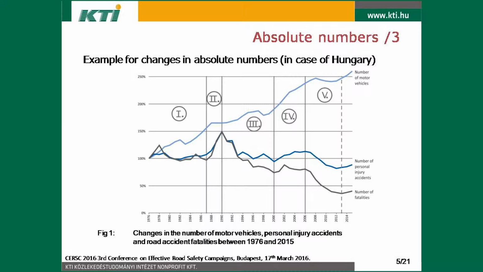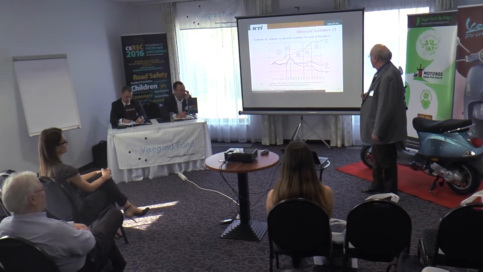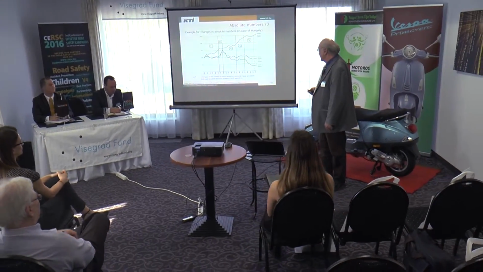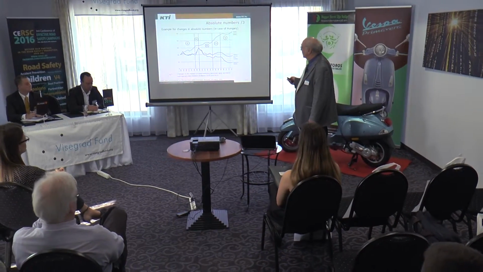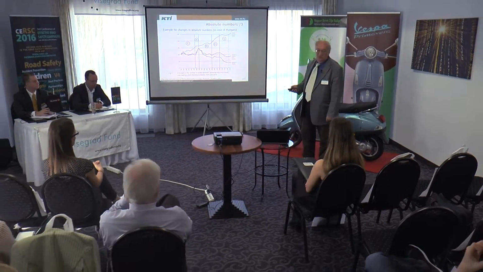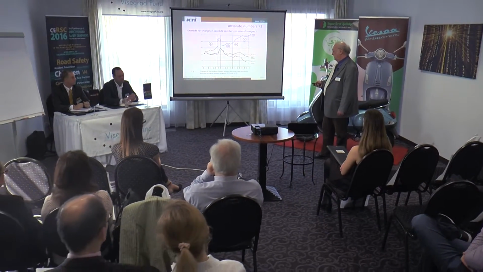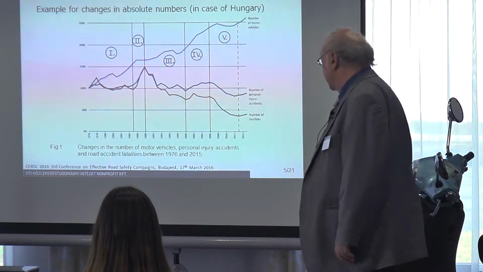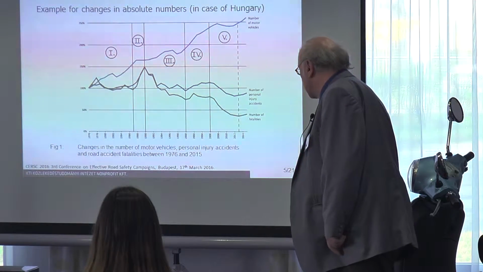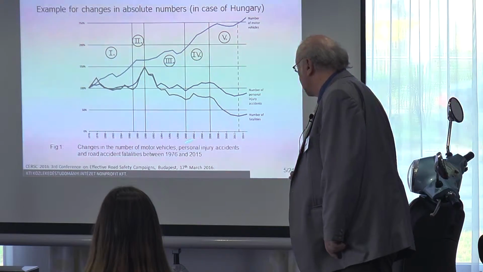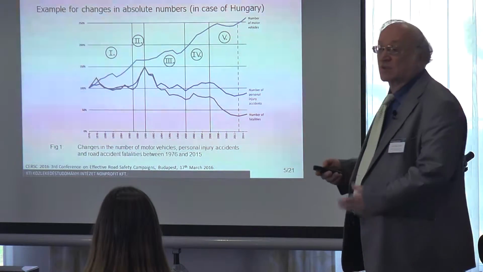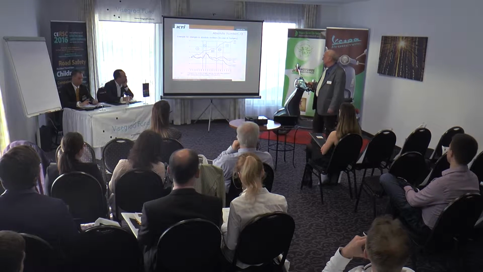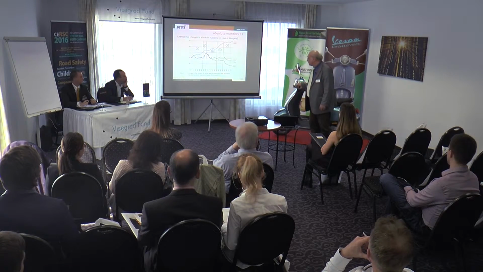And unfortunately, now we have increasing numbers of personal injury accidents and fatalities as well. And of course, the number of motor vehicles is also increasing. We had a very good period between 2006 and 2013, like most countries. It's partly due to the economic problems as well.